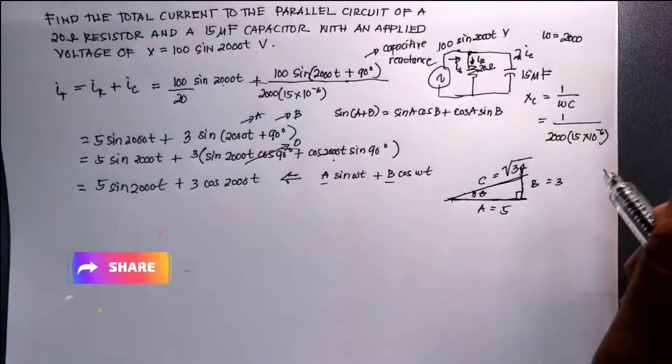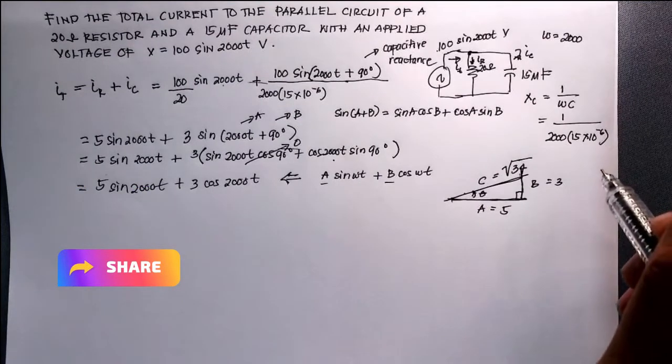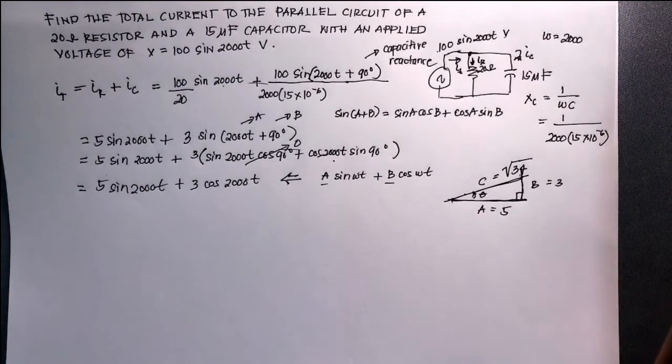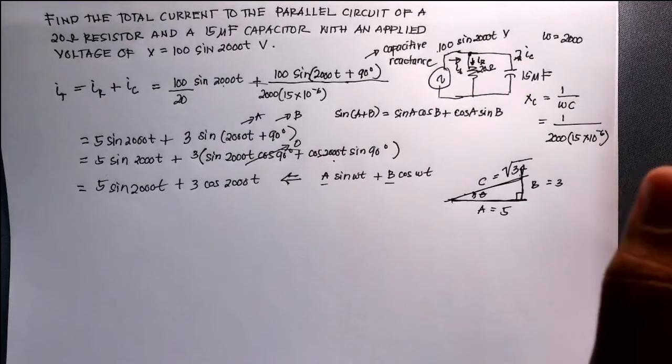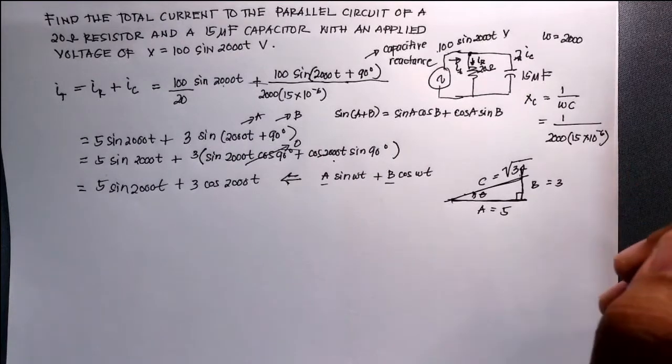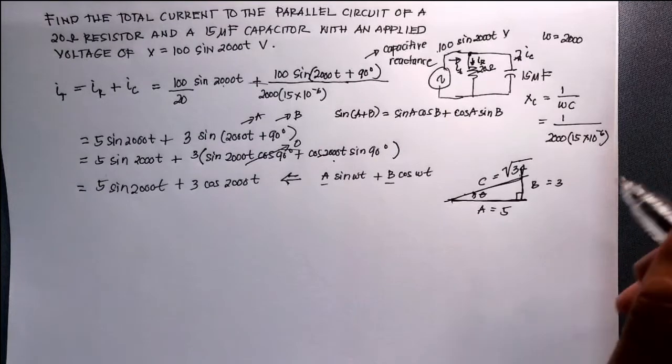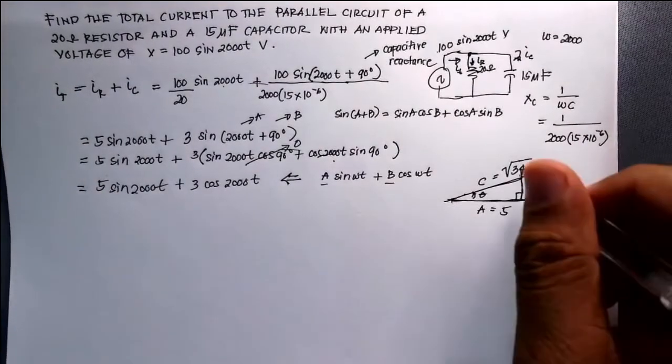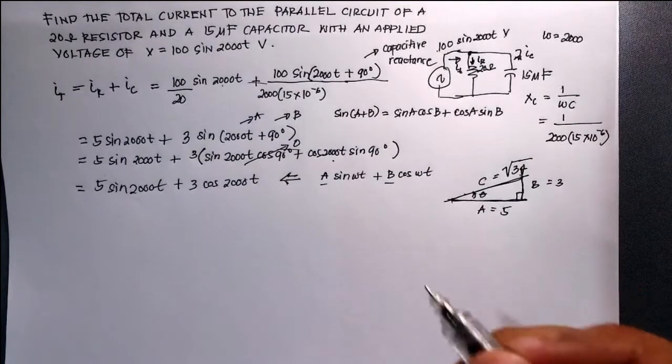Because that is 5 squared plus 3 squared, you add the two, and then you take the square root, and you have square root of 34. Okay, 25 plus 9, that is 34, so square root of 34.